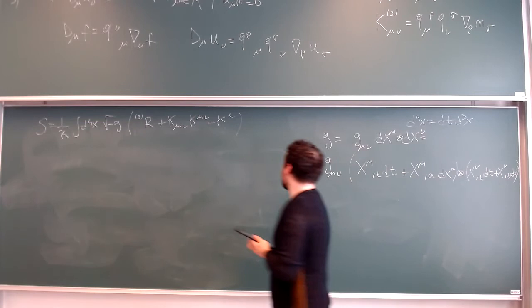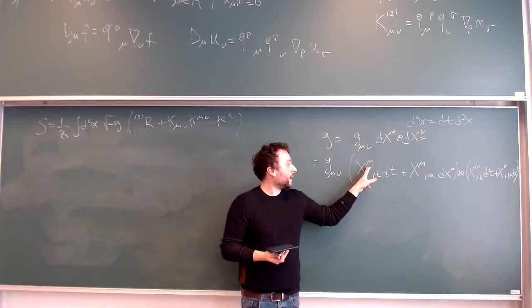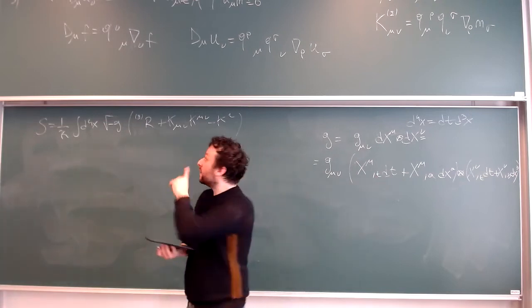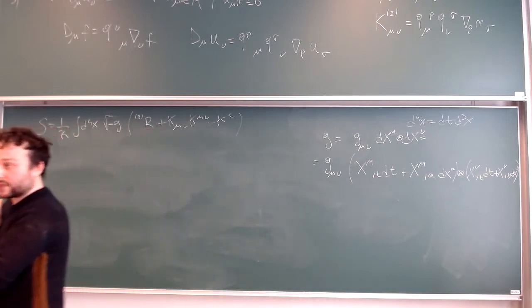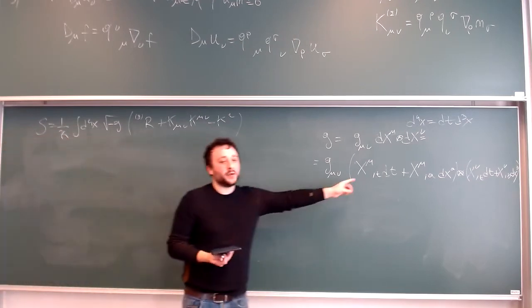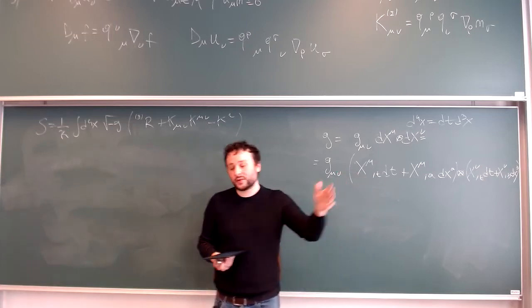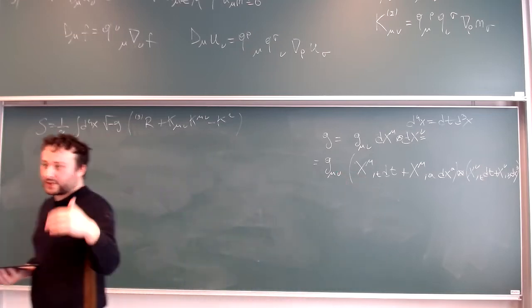And now we know that x^mu comma t is exactly what we defined above, that is the t^mu. So here we have the contribution of the lapse and shift.